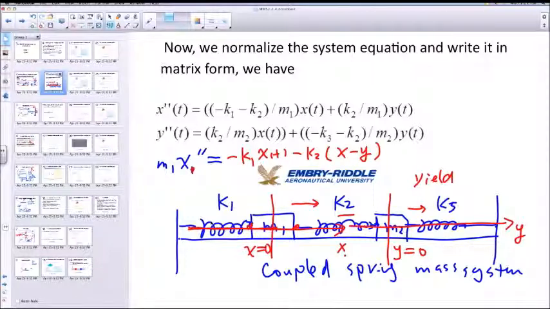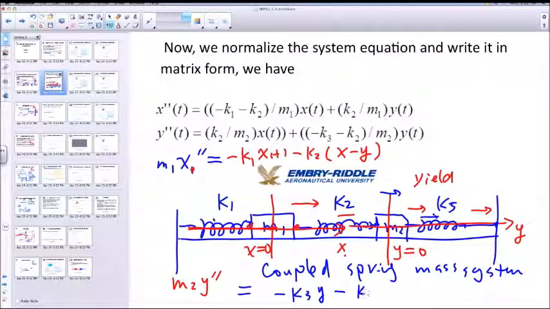That's the first equation. The second equation, this side is relatively easy. But let me put the easy one first. K3Y, because that side does not move. And this side, if you move this way, it will be pushed in the positive direction.